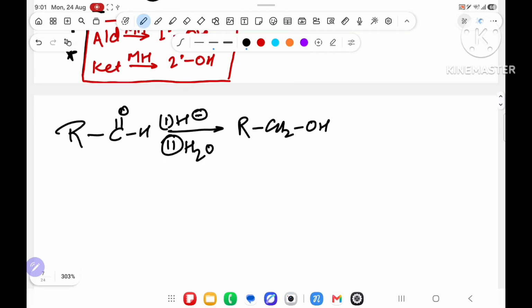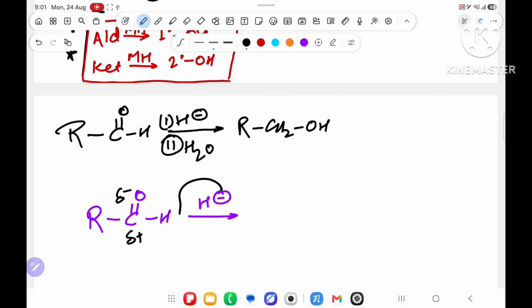You have written the reaction directly, let me understand it also. Okay, don't worry. RCHO is there. First of all, H minus will come. You have already seen it has delta negative, and the carbon has a little bit of delta positive. On this delta positive it will attack. Once it attacks, RCH is formed. Over here the carbon is getting one more bond, so the pi bond will break.